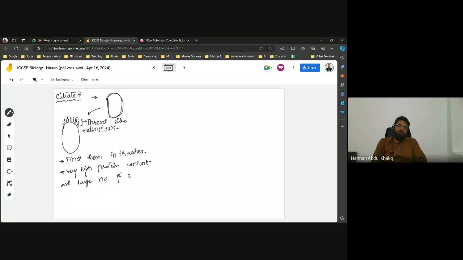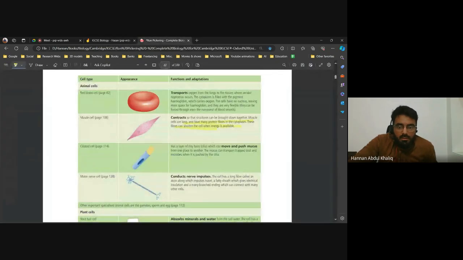This is important to know that the large number of mitochondria basically helps cilia move. Cilia has to move in trachea, and the mitochondria help to move them. So they are really important. They can push the mucus. Mucus is basically made in our trachea.